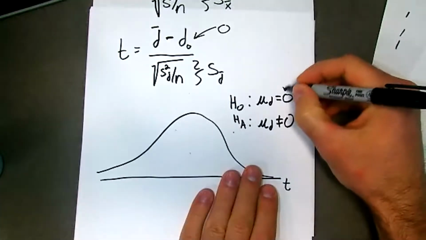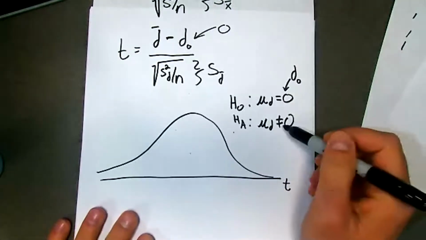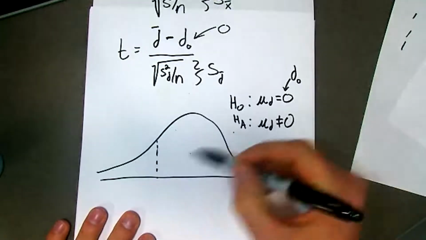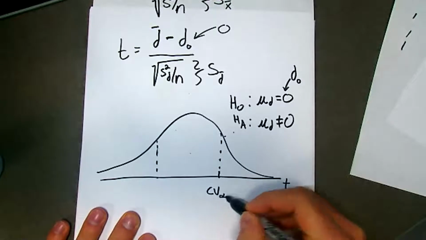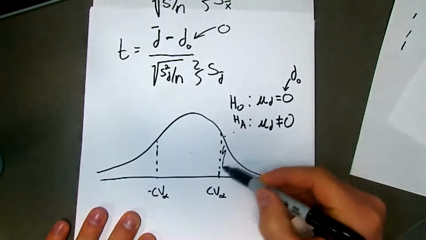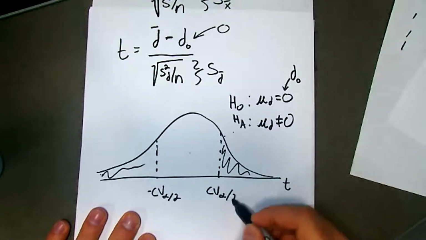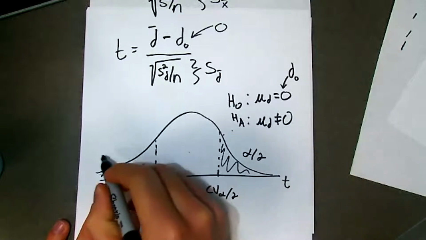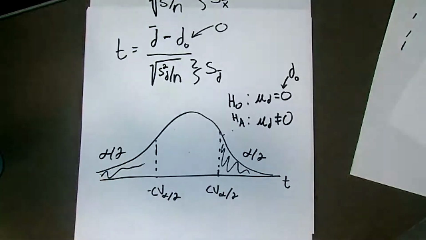So my assumed true difference value is 0 here. With a two-tailed test, I need critical values that give me alpha total in the tails. That means there's alpha over 2 in each tail, and I'll have two critical values, one positive, one negative.